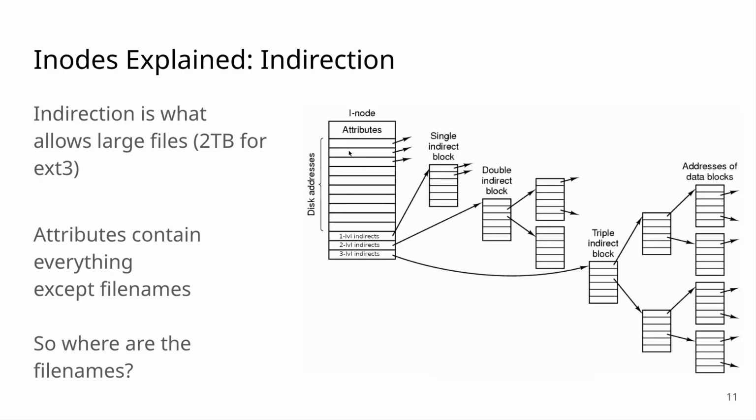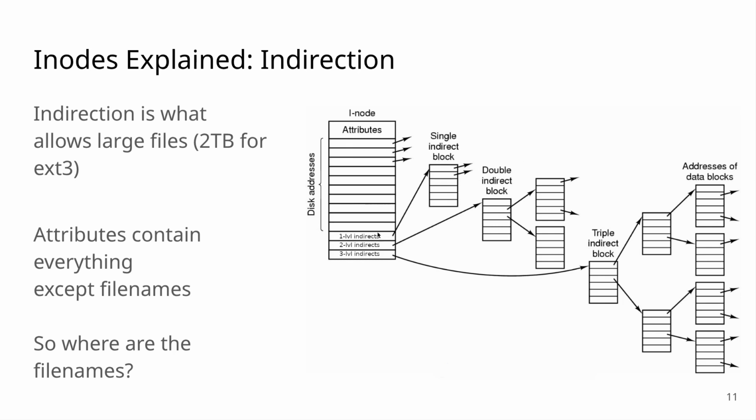So we said here these are the first 12 direct blocks, and then once we get to the first level indirect, we go to a block, and every entry on this block points to another block. For example, if it's 512 bytes divided by the size of the block pointer, we can fit that many more blocks over here.